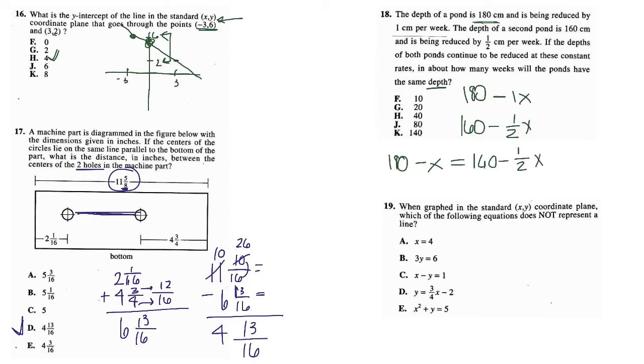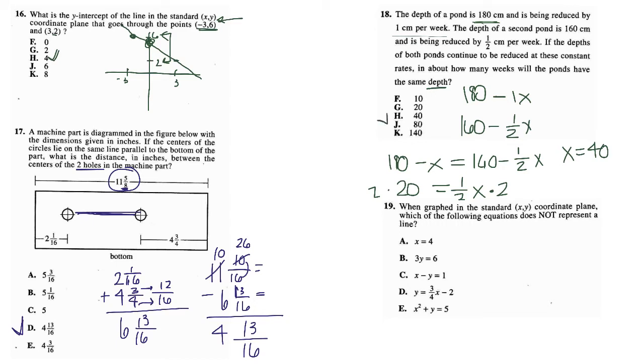And if we solve this equation, I'm going to subtract 160 over and have 20, and then add x over, and I have 1/2 x, and multiply both sides by 2, and notice that we end up with x to be 40. So 40 weeks should be the correct answer. So that's going to be answer choice H.